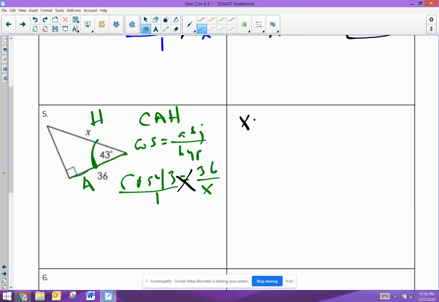So I just make it a proportion, cross multiply. So x times cosine of 43 will equal 1 times 36, which is already 36. I can save that step. And I want to solve for x. That's my goal, to find that missing side. So I'll divide by the cosine of 43.